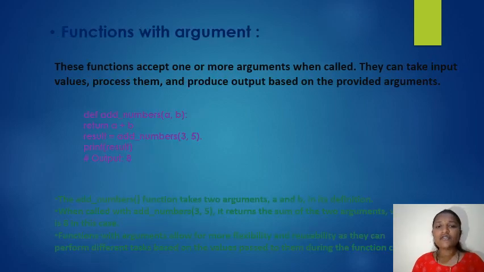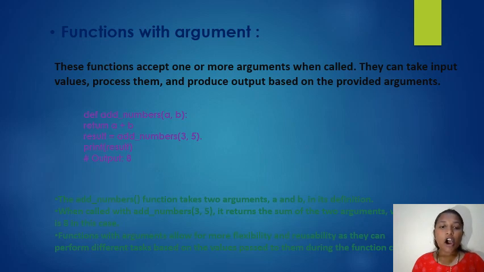Next is function with arguments. These are functions that accept one or more arguments when called. They can take input values, process them and produce output based on the provided arguments. Def add_numbers a, b: return a plus b. Result is equal to add_numbers 3, 5.